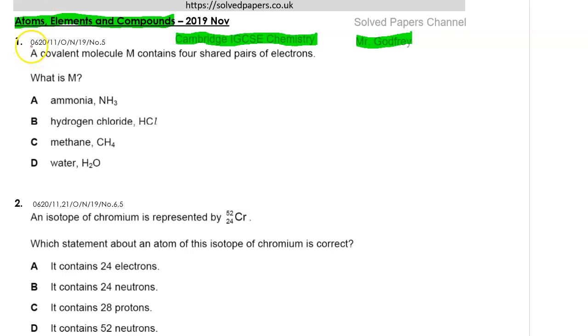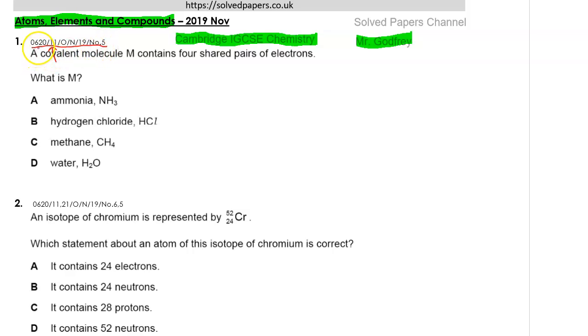Every question is indicated with which paper and what number it was set on in this October-November exam series of 2019. For example, this question number one is set on variant 1.1, and it is question number 5.